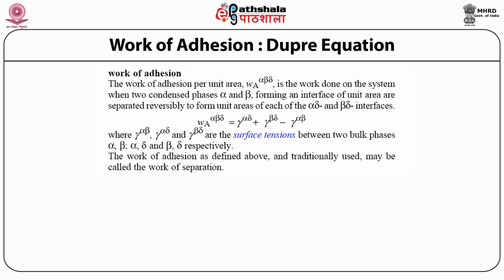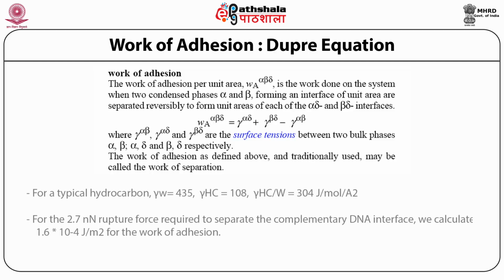The work of adhesion defined above and traditionally used may be called the work of separation. For a typical hydrocarbon, the values have been given, and this is what one can always find out.